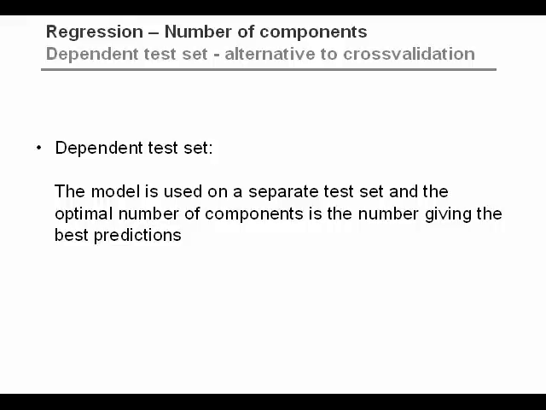So we build the model using the calibration data, and we evaluate only on the test samples how well we predict. And then we choose, as in cross-validation, the minimum as the correct number of components. We call this a dependent test set, because the model uses it to decide what the model should be, how many components to use.